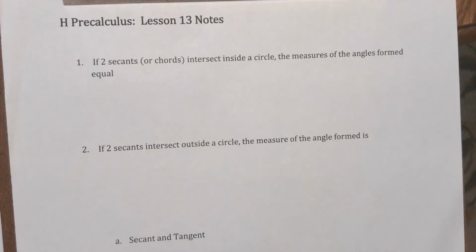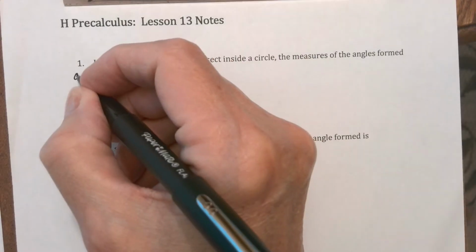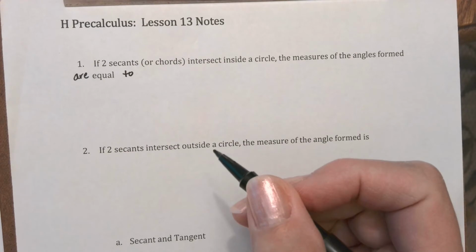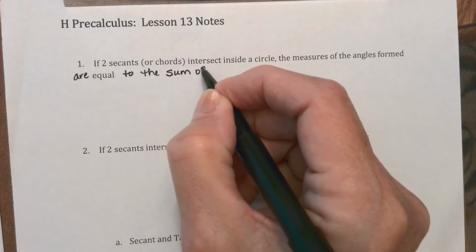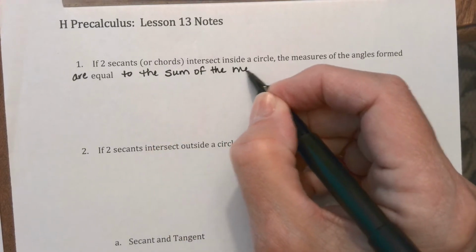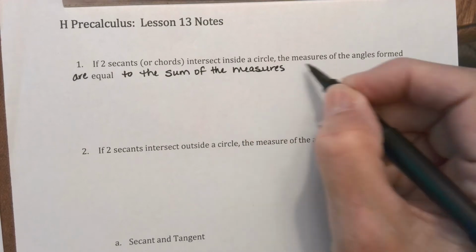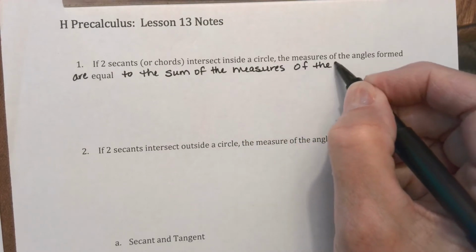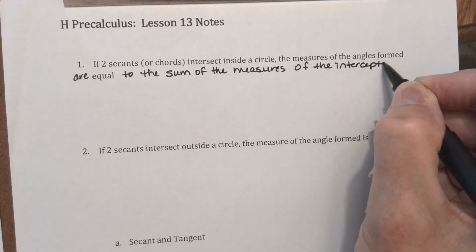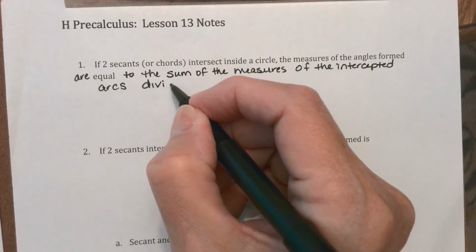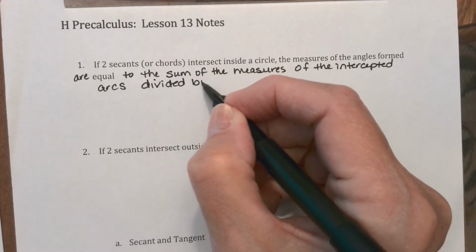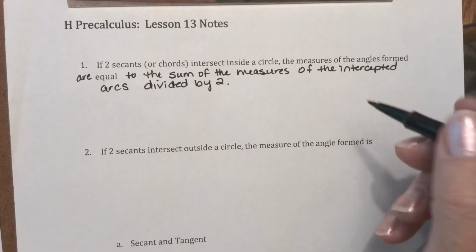It says here, if two secants or chords intersect inside a circle, the measures of the angles formed are equal to the sum of the measures of the intercepted arcs divided by 2. So it's the sum divided by 2.